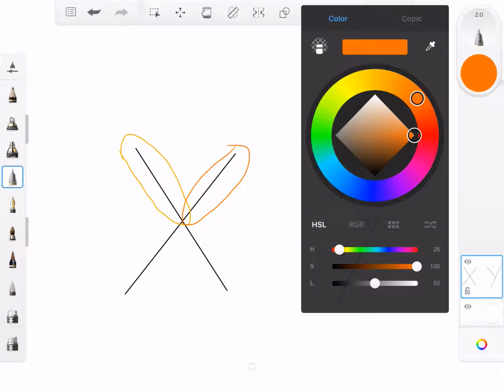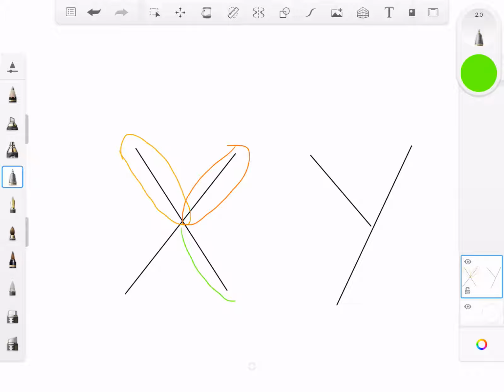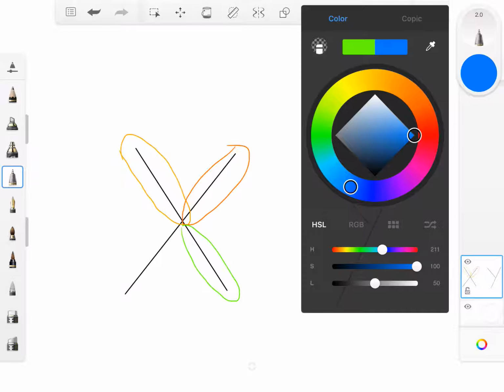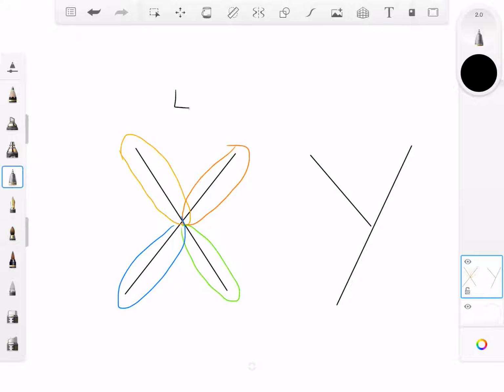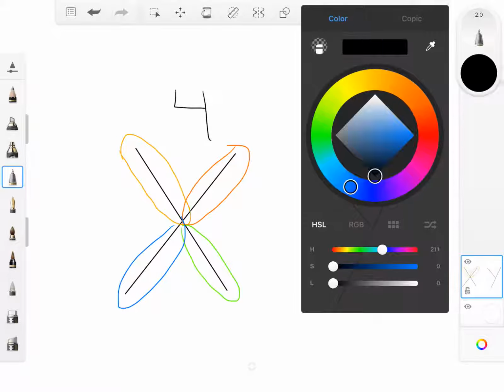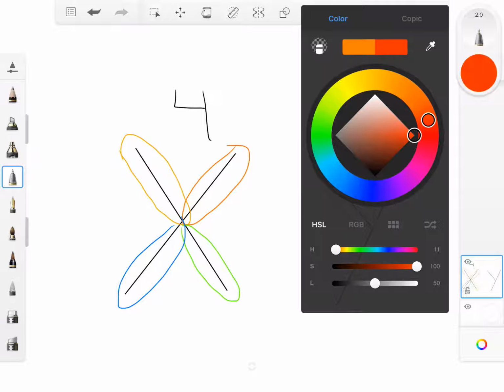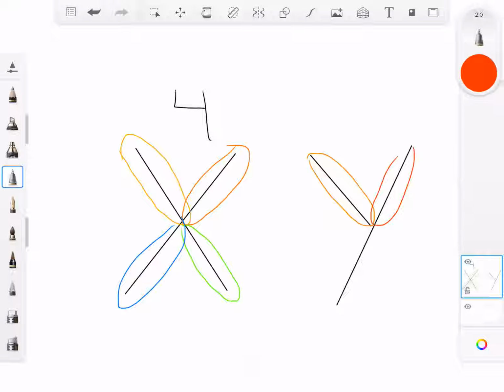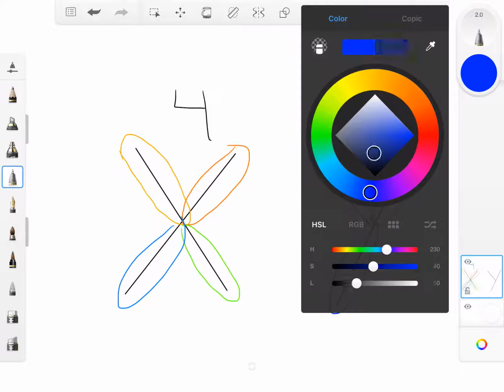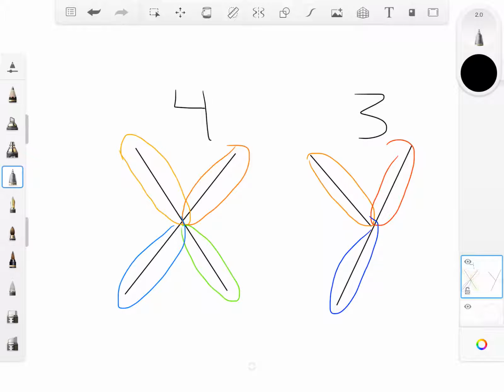Here's genetic information, here's more genetic information, and here's more genetic information. That gives us a total of four pieces, 4 chunks. Here's genetic information, here's genetic information, and finally here's genetic information. That gives us a total of 3.